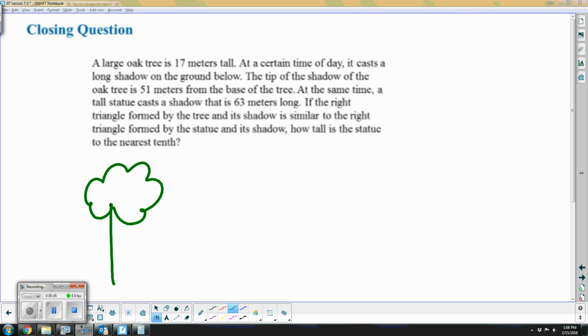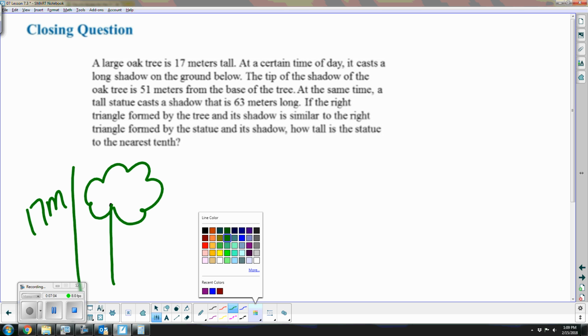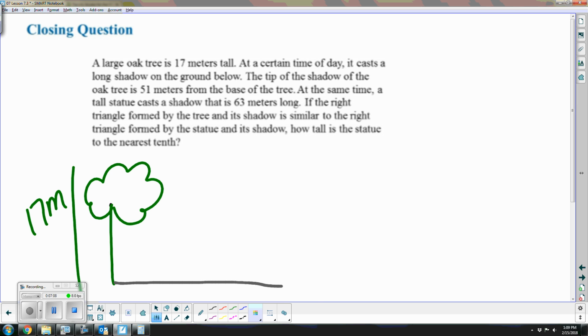All right, so here's my 17-meter tall oak tree. And we know that it casts a long shadow on the ground below, and the shadow is 51 meters long. Okay, so here's my shadow, my oak tree, and this is 51 meters.